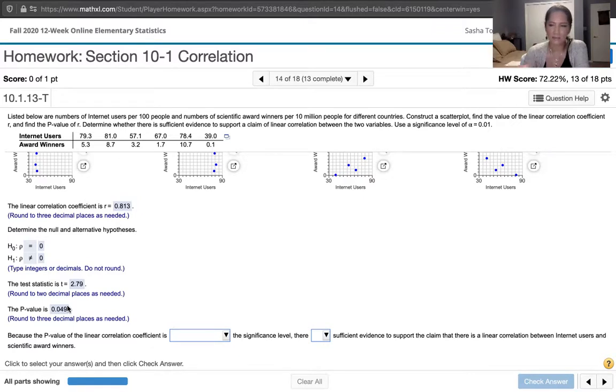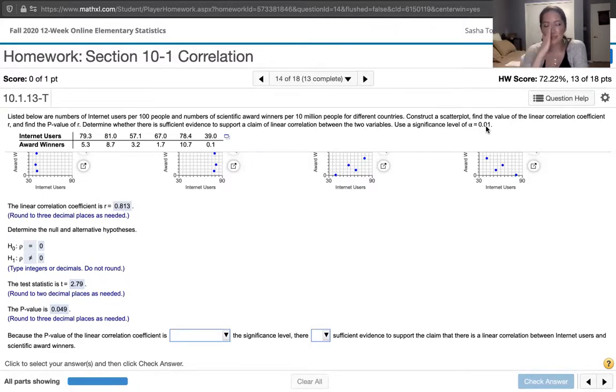So we're saying that the probability of getting an R value that we obtained, or an R value that is more extreme than that, is approximately 0.049. So we have a 4.9% chance of getting an R value like ours, or an R value that's more extreme than that. Now we're going to compare that probability to this alpha of 0.01.